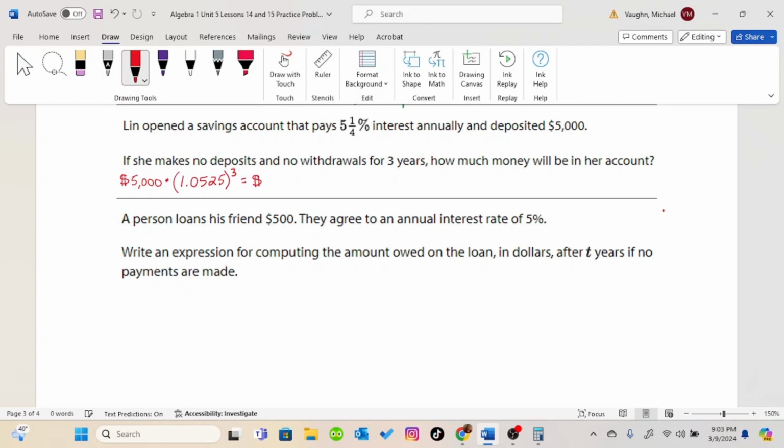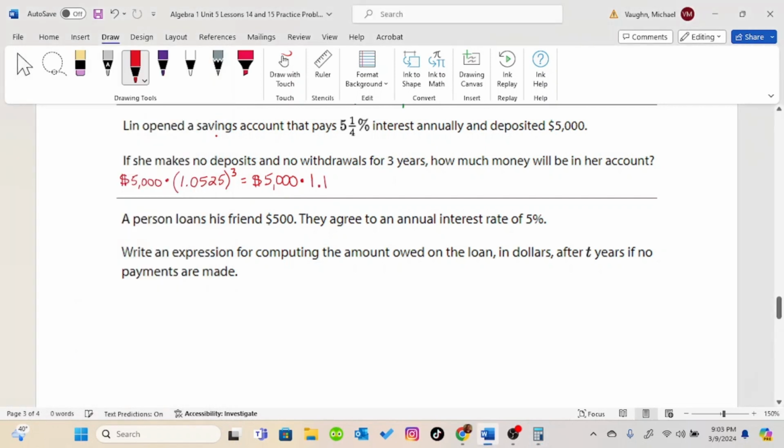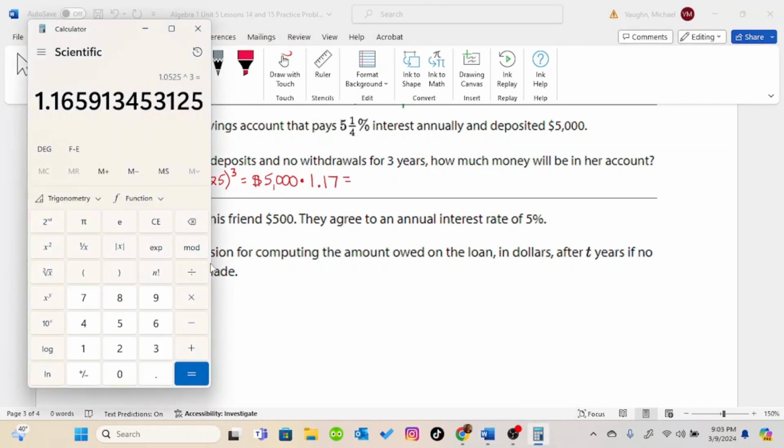So the first thing you'll do is the exponent part. We have 1.0525 to the power of 3. And we can see that this equals approximately 1.17. And now we're going to multiply that by the original $5,000.